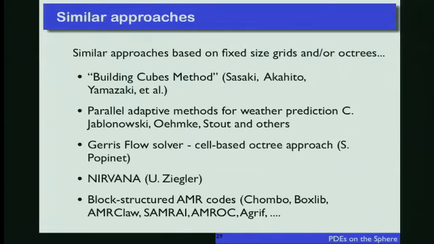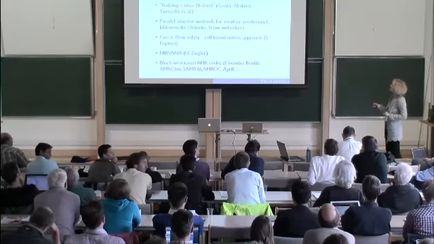There are similar approaches. None of these are the same approach, but they all have some elements. I came across the building cubes method at this meeting, developed by a group in Japan, and there's a person here, oh, there you are, good, who's how I heard about this. It's this idea of using fixed size grids.